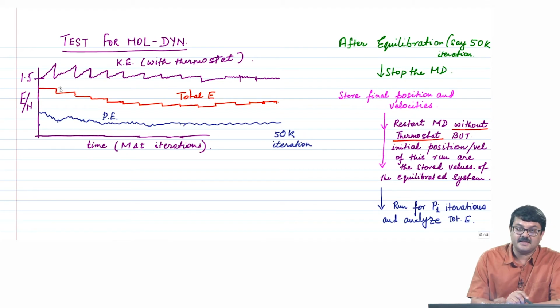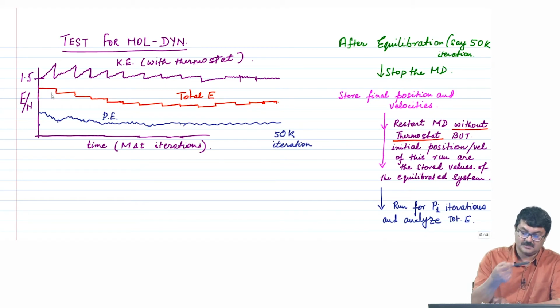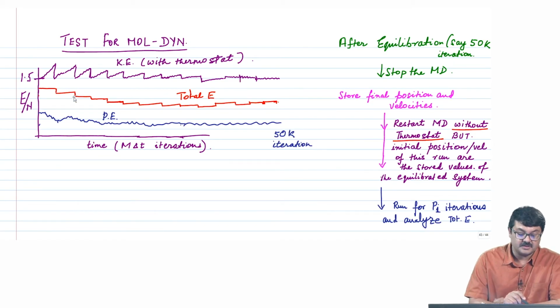I mean, it is constant and it is conserved for a certain amount of time till you call the thermostat, and then the energy readjusts itself. It could drop, it could go up as well, but in most cases you see a drop, and then energy again remains constant for some time, and then it drops, and then it remains constant for some time, and so on and so forth.